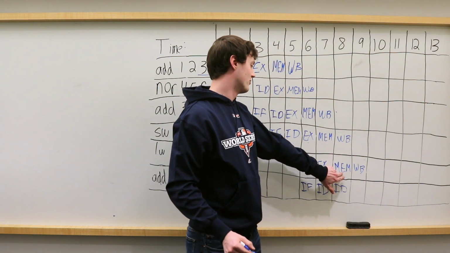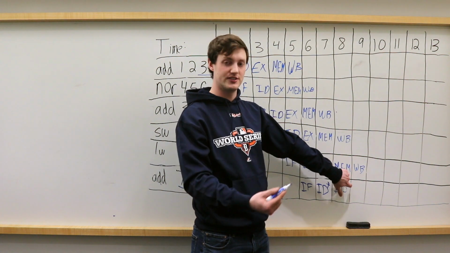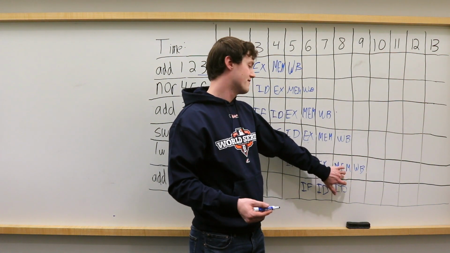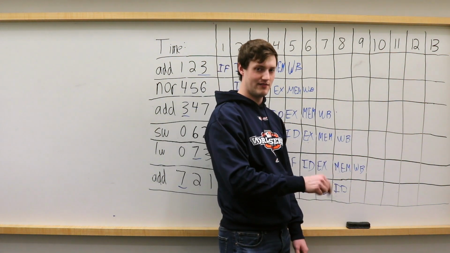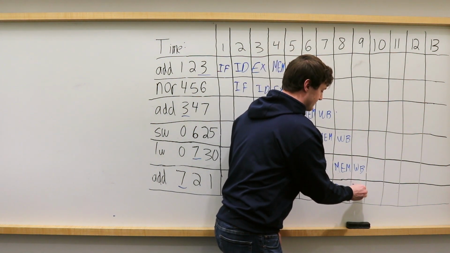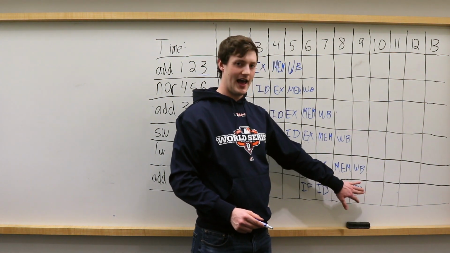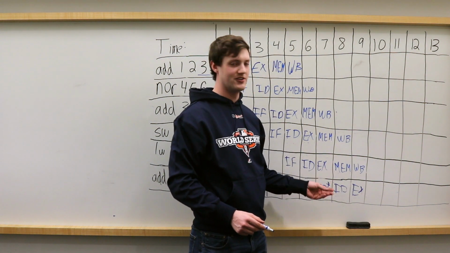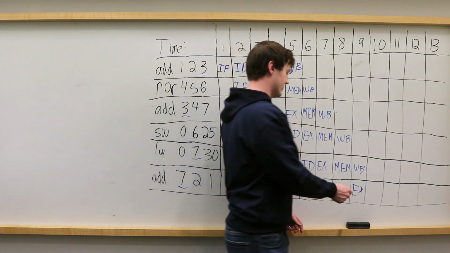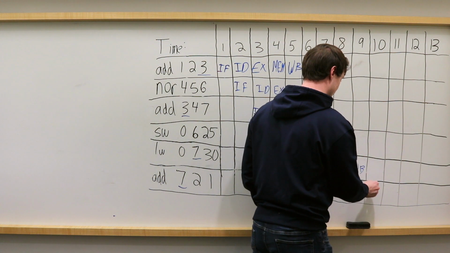And so now we'll see that this is when LW is in memory, and so after this cycle, the value will be ready for the add to use, and so then we can have the add move on into the EX phase here. And so now the add instruction will be able to use the value that was loaded from memory. And so then the add instruction will be able to complete as normal.